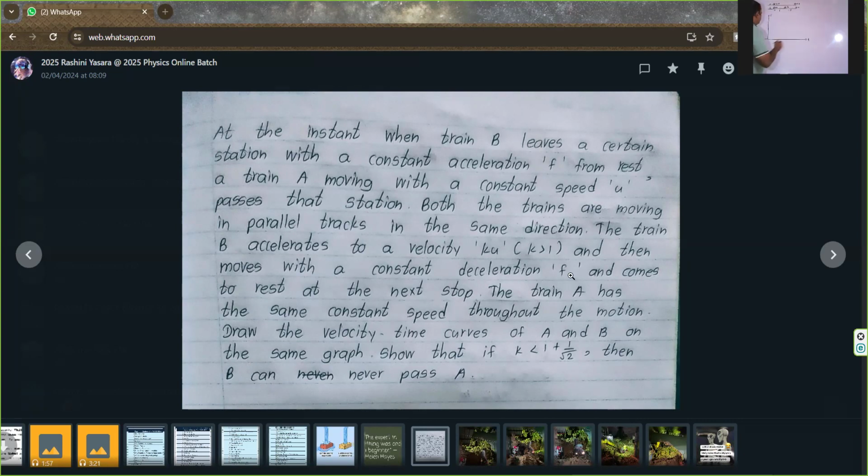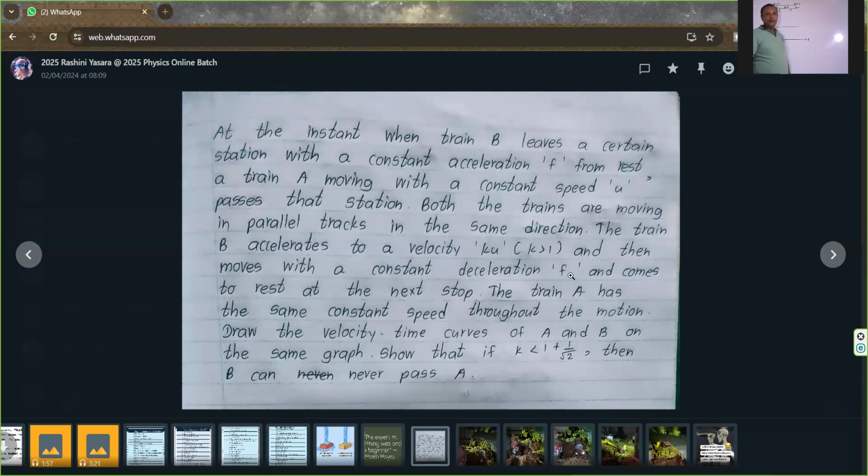That is u. But train B, read the question. At the instant when B leaves a certain station with a constant acceleration f from the rest. That means B starts from the rest and has a constant acceleration of f.